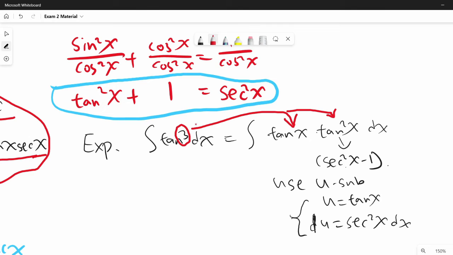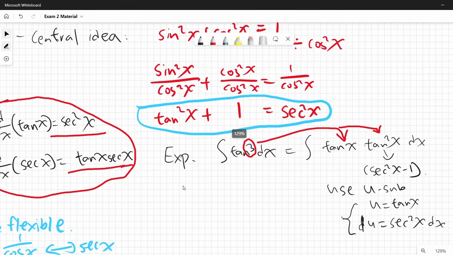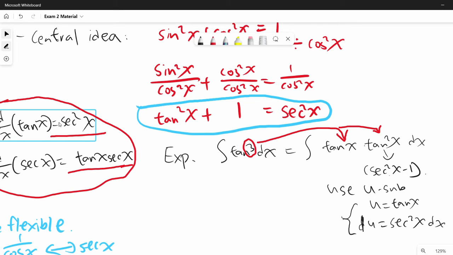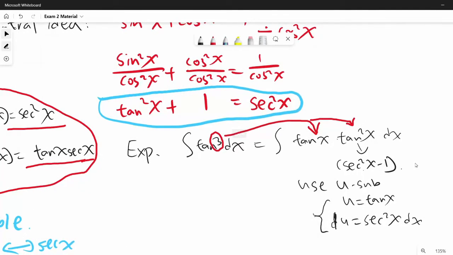And then tangent squared x, if you move the 1 to the other side, is secant squared minus 1. Then you distribute this out into two different integrals. You have tangent x secant squared x, and in that case, we can u-sub for tangent x. Then du equals secant squared x dx, and that is a pretty simple integral. You plug the u back in, and that should be pretty easy.